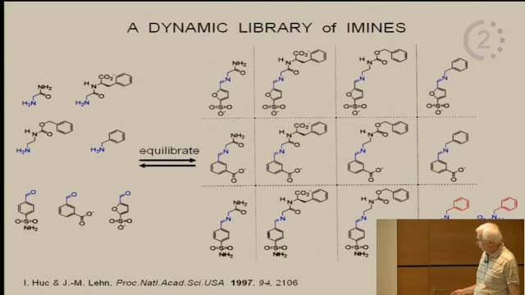One of these 12, this here, is a combination which is very close to the best inhibitor. So if you start with a mixture containing all the 12, and if you add the enzyme, you should amplify this one, because it is closest to the good binder.